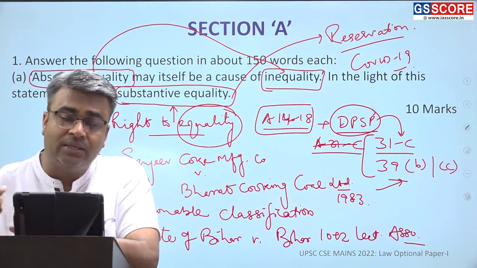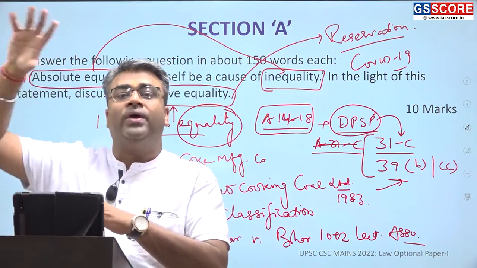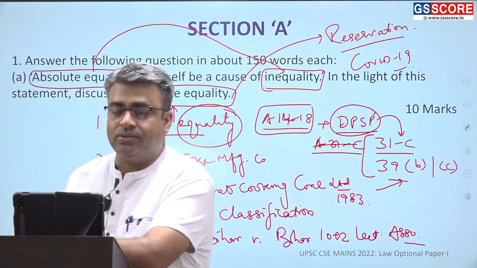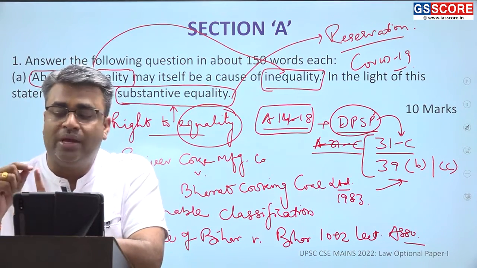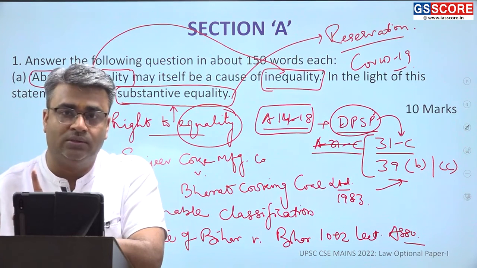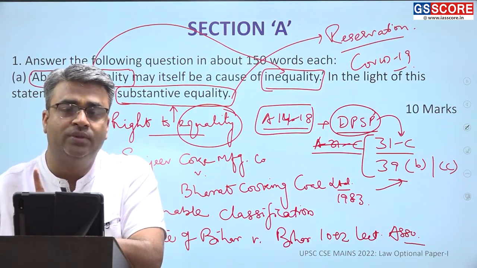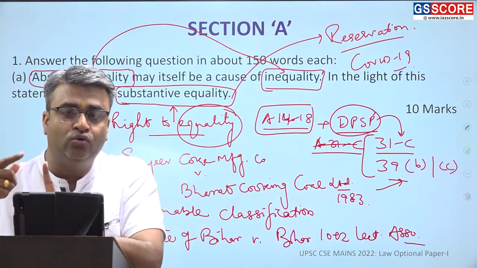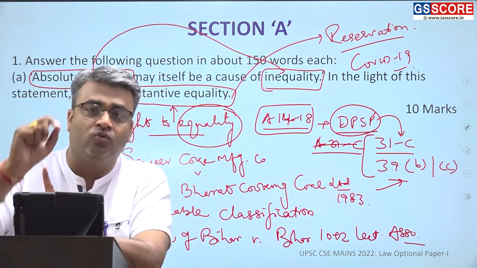But when we talk about substantive equality, it is the modified or advanced version of this equality, and the underlying idea is you cannot treat equals with unequals. So you should treat equals with equals, unequals with unequals. Or you should provide opportunity to the unequals so that they are capable of being compared with the equals.